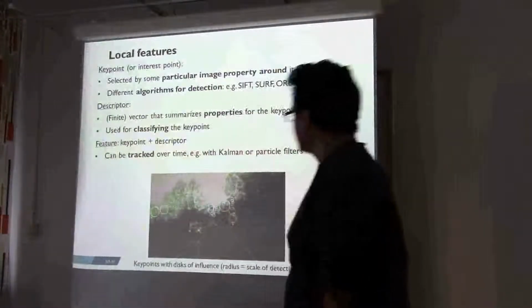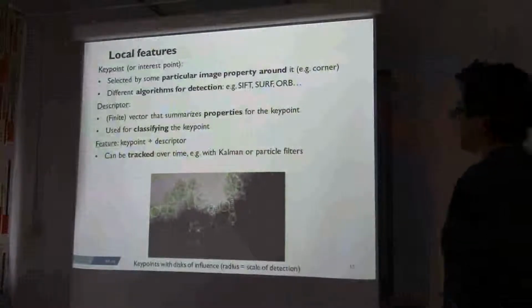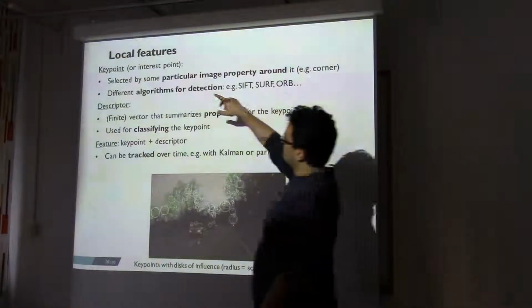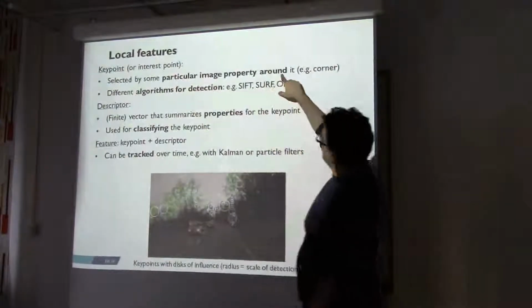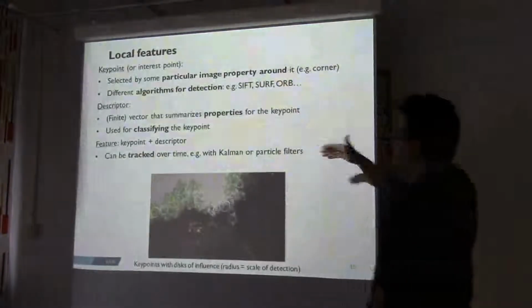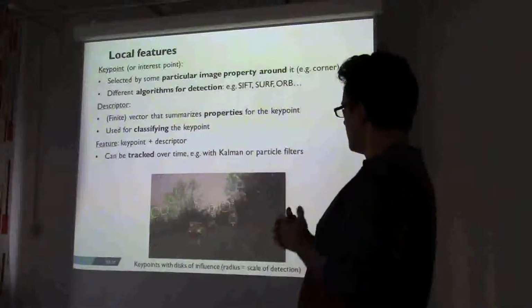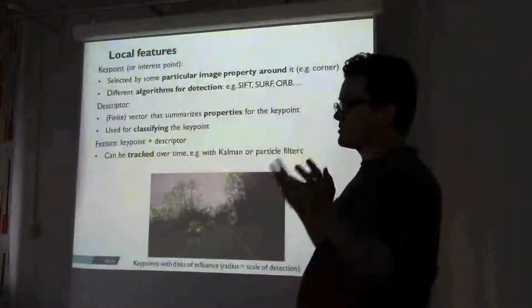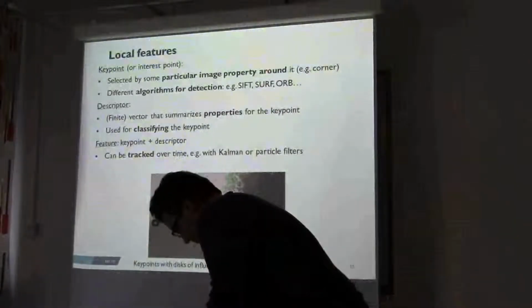local features. The concept behind local features is that you want to find points of interest in your image based on some property around the point. You want to get points in your image that are unique in some sense, like on a later slide.